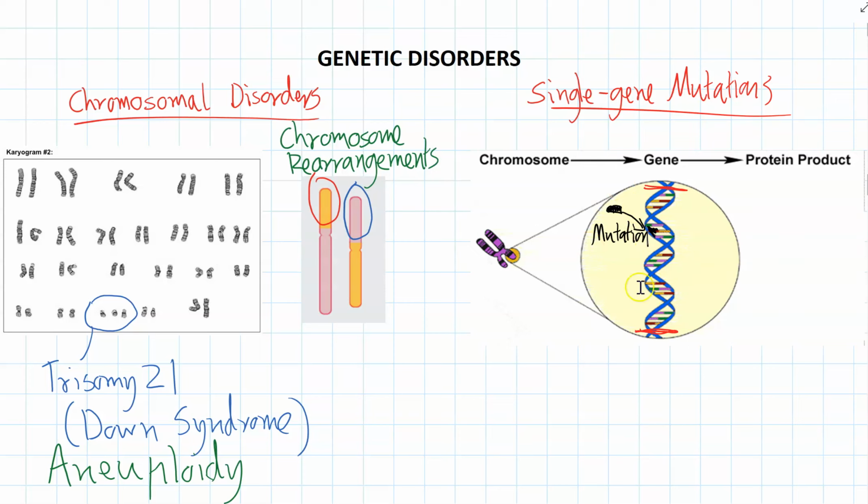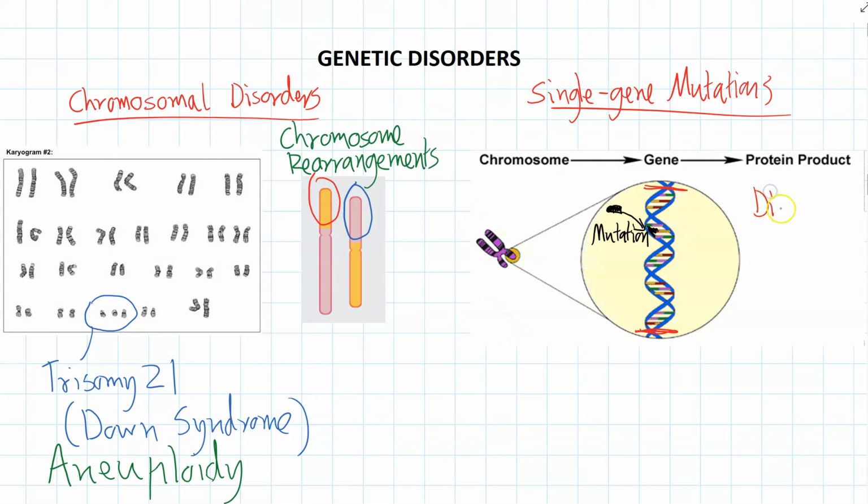But if something changes in the gene, in the genetic code of the gene, then that can change the protein. And so if a protein isn't working properly, that can lead to something not working in a person as well. Can cause diseases, but it can also just cause variation.